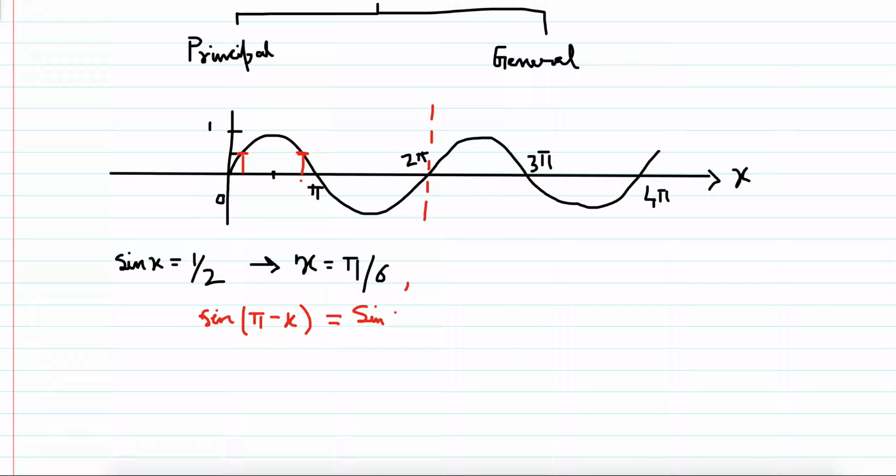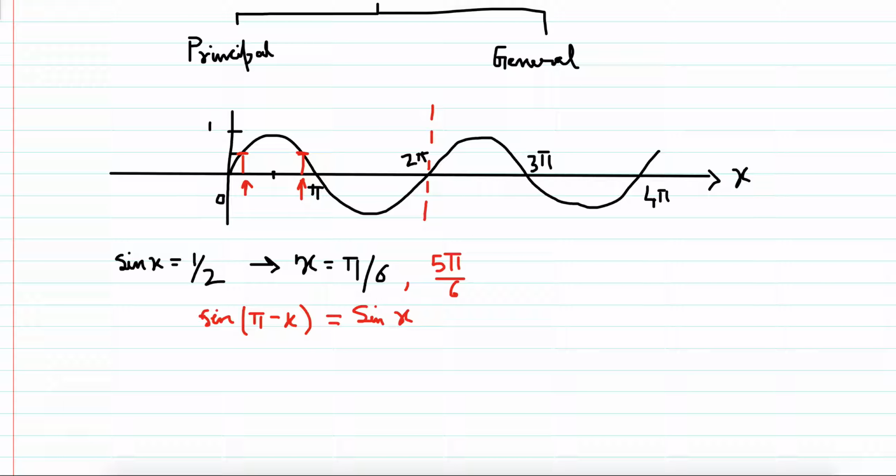So if pi by 6 is a solution, then pi minus pi by 6, which is 5 pi by 6, is also a solution. And we can exactly see that from this diagram. The first point is pi by 6, the second is 5 pi by 6.